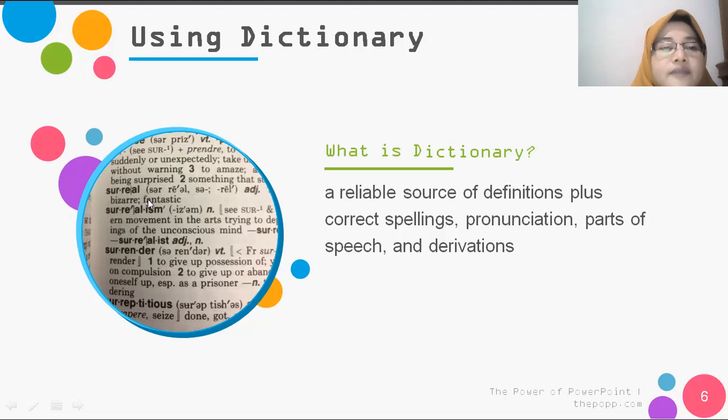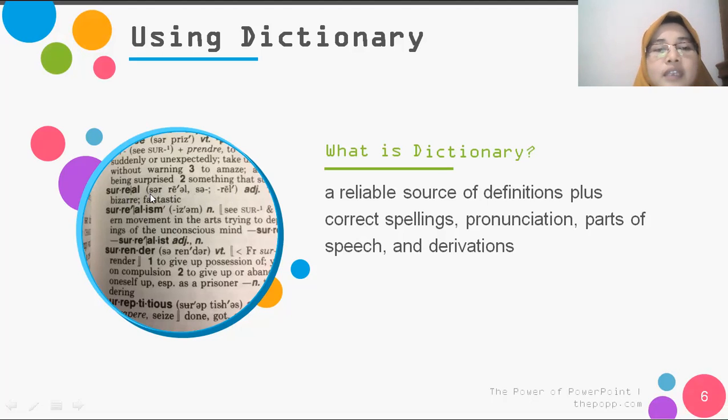There is a word cereal. In this word entry, the correct spelling is available, how to spell it, such as C, E, R, E, A, L. And then pronunciations.